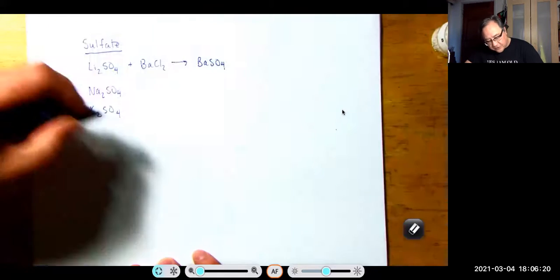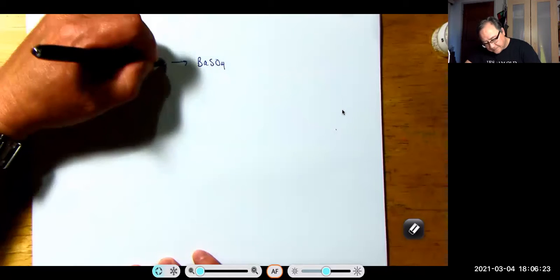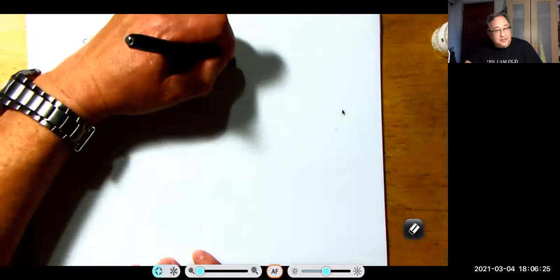Now, these are aqueous solutions. The barium sulfate is a precipitate.